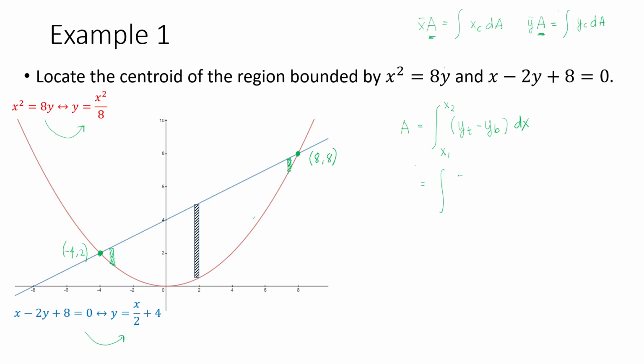So y top is equal to the blue graph, that would be x over 2 plus 4, minus x squared over 8, dx, from negative 4 towards 8. Okay, so try to plug this one in your calculator and give me the answer. Since this one is area, don't forget to write the unit, square units.